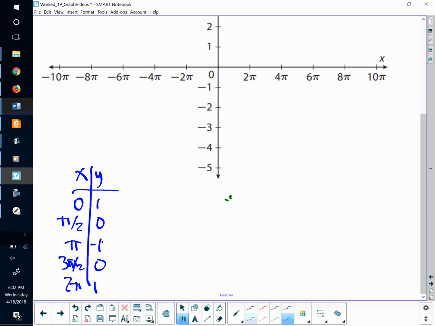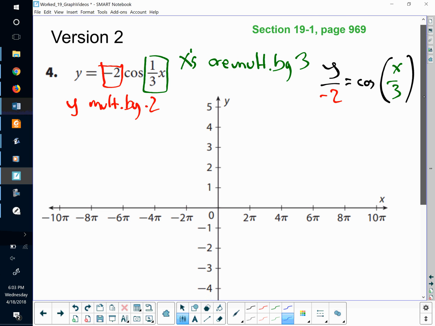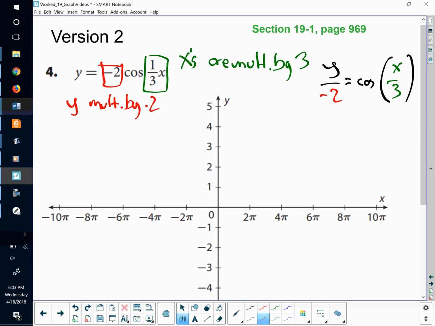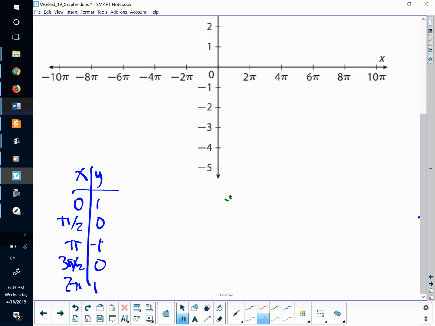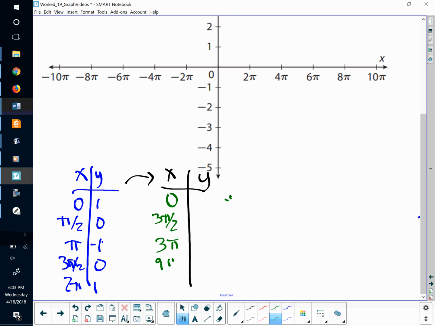Now remember, the y's are multiplied by negative 2, and the x's are multiplied by 3. So let's do that. X is multiplied by 3. We get 0, 3 pi over 2, 3 pi, 9 pi over 2, that's 4.5 pi, and 6 pi when you multiply all the x's by 3.